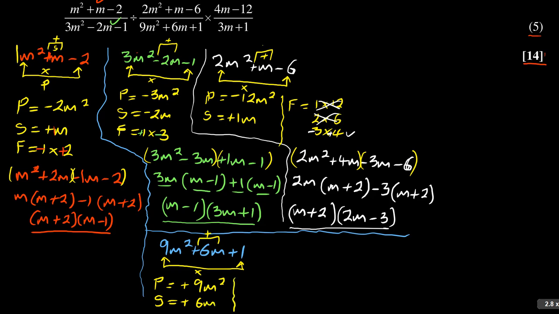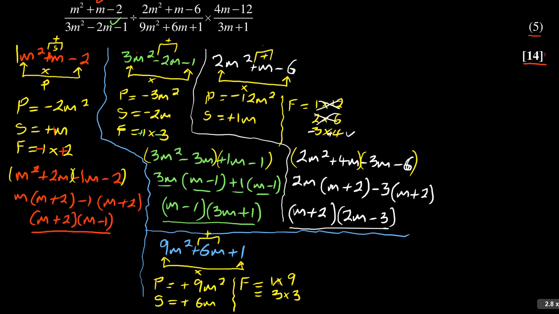So now I'm looking for the factors of 9, which is 1 times 9, and the next one is 3 times 3. As I said, you need to always look at these factors. There's always going to be one that is correct. You'll never have a situation whereby maybe two pairs are correct. You always have one.